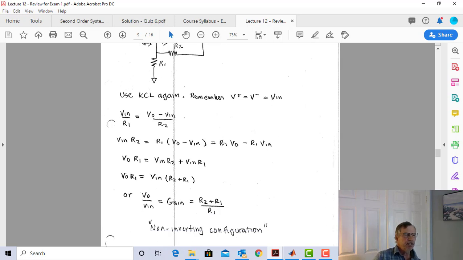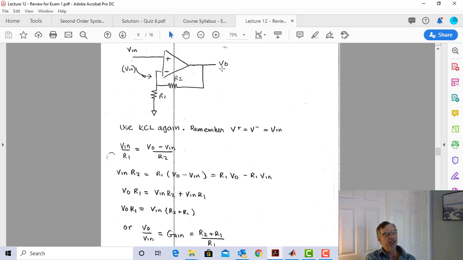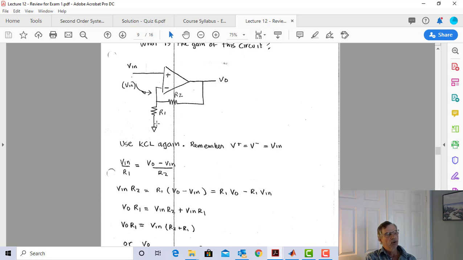Now let's change this topology a little bit to get another very common topology. And we're not actually going to change the topology, we're just going to change the values. What I'm going to do is make R1 equal to infinity. That means it's like not there, right? It's an open circuit. So I ditched R1, but its value is infinity.